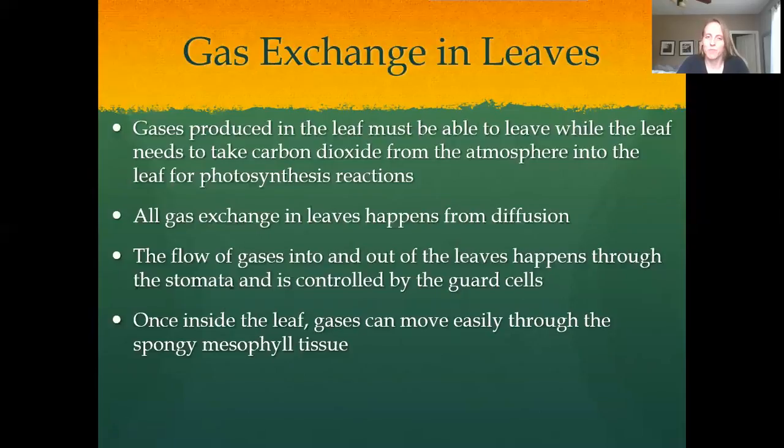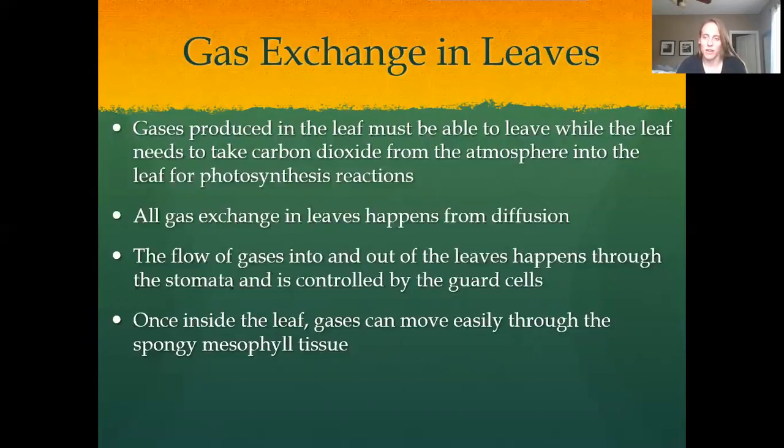So all the gases that are produced have to be able to leave. You also, in order for both of those processes to happen, need to be able to get gases into the plant. All gas exchange happens via diffusion. So gases will diffuse into the leaf and diffuse out of the leaf.